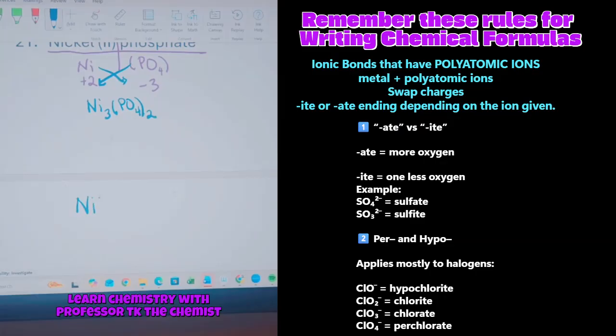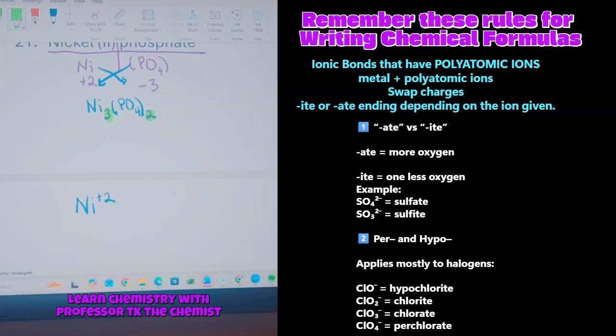Whenever you put the charge at the top like this, that tells you it's an ionic charge. When you write them as subscripts like this that I'm highlighting in green, that's when you are doing what?